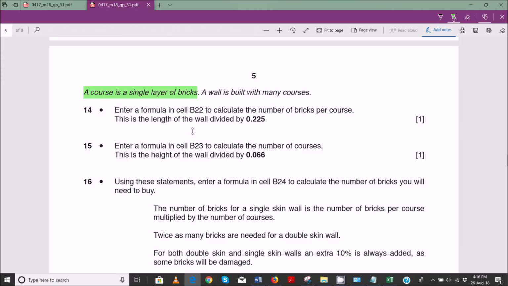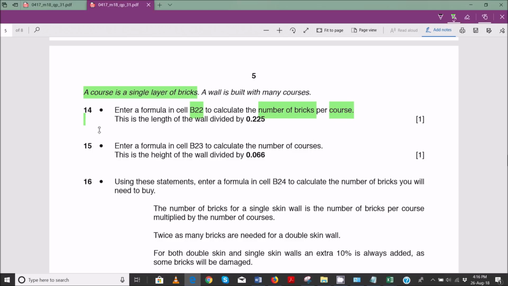Okay, so step 14 says enter a formula in cell B22 to calculate the number of bricks per course. For a course, which is one layer, we want to find how many bricks went into that layer.